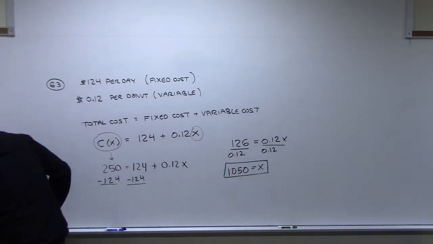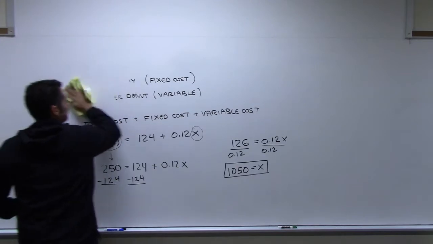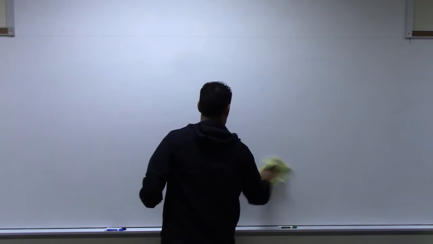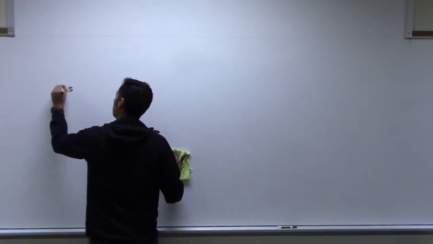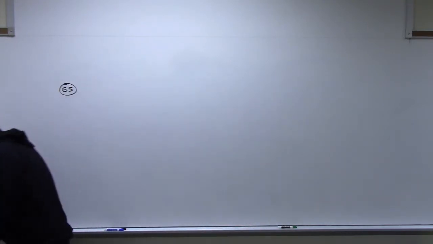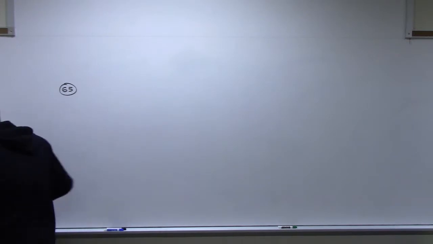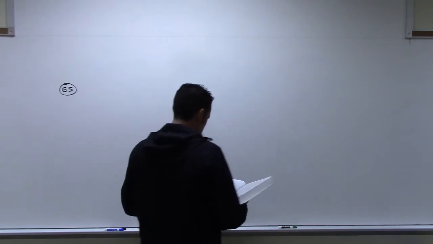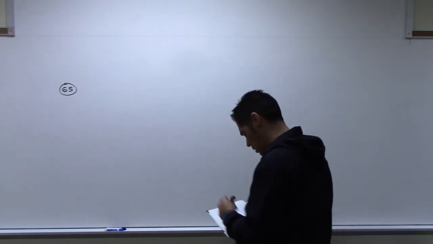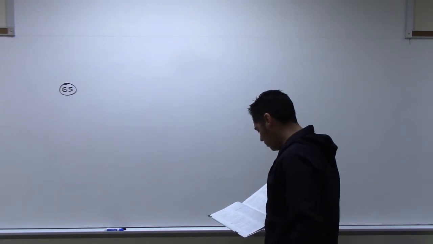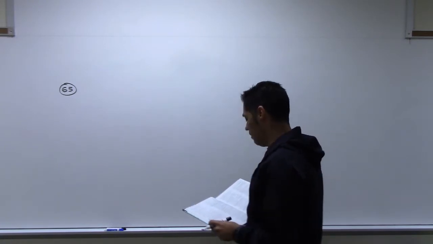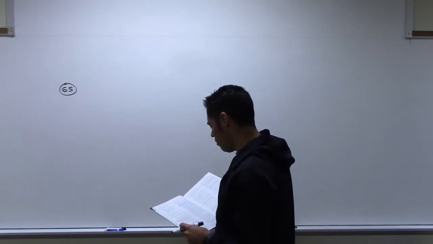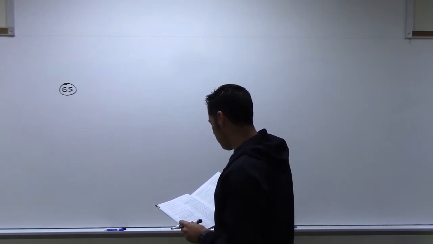All right, let's look at number 65. For number 65, we have, again, a cost analysis problem. And it says a plant can manufacture 80 golf clubs per day for a total daily cost of $7,647.